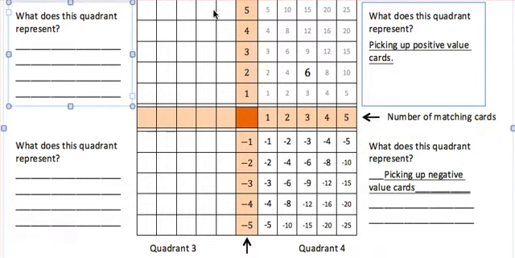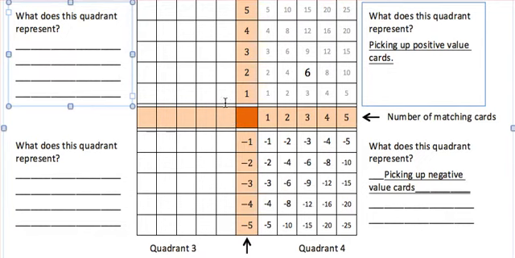Now in quadrant 2 and 3, we're going to show the effect of removing cards. Because in quadrant 1 and 4, we were adding cards.